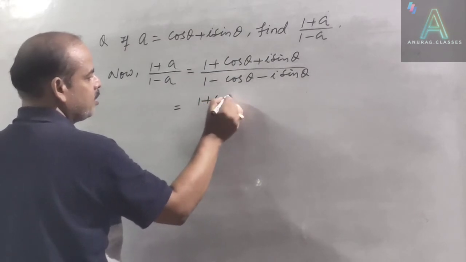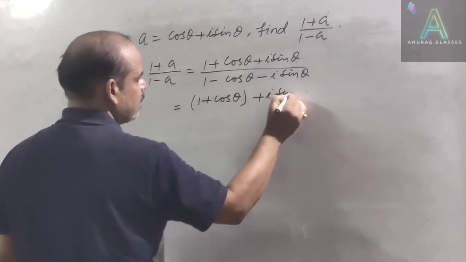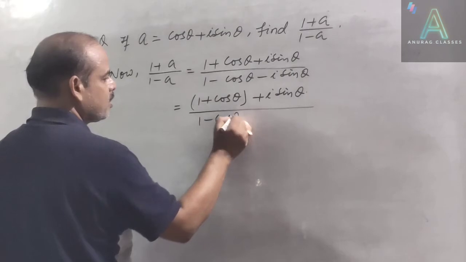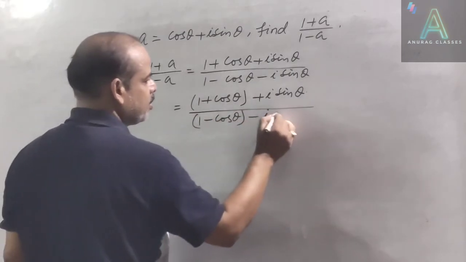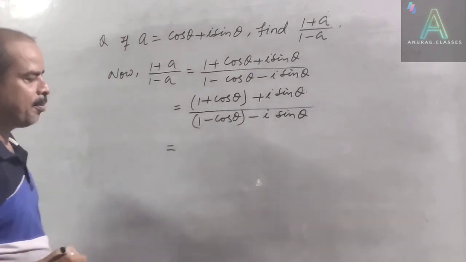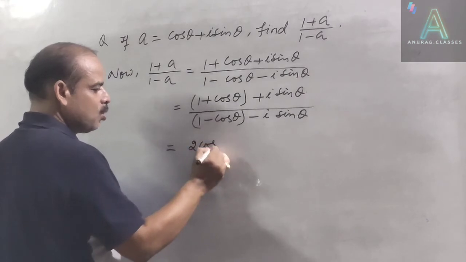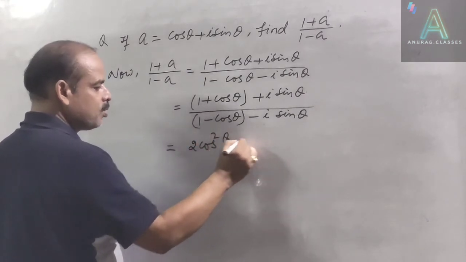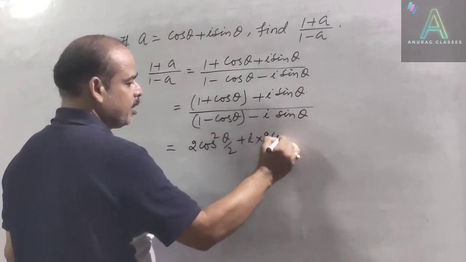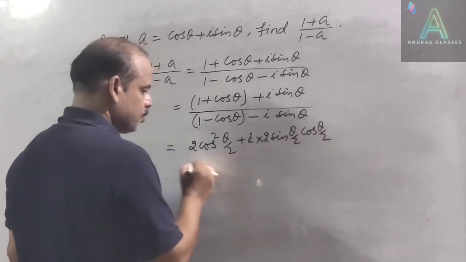Take 1 plus cos theta as one term plus iota sin theta, and in denominator it is 1 minus cos theta minus iota sin theta. I think you all remember the formula that 1 plus cos theta is nothing but 2 cos square theta by 2, and sin theta is nothing but 2 sin theta by 2 cos theta by 2.